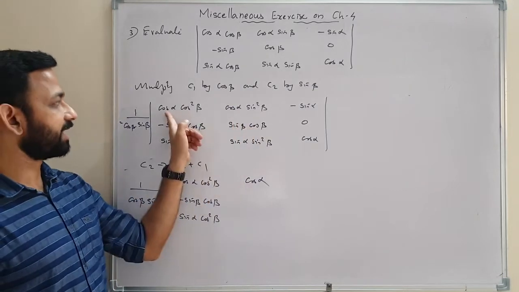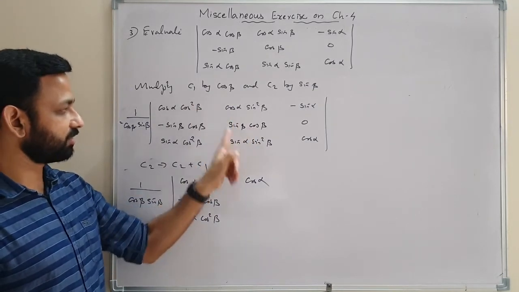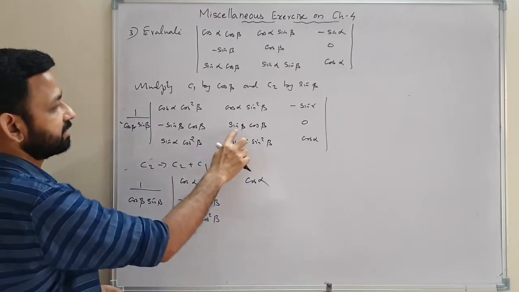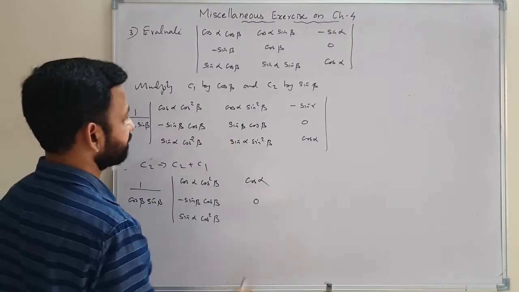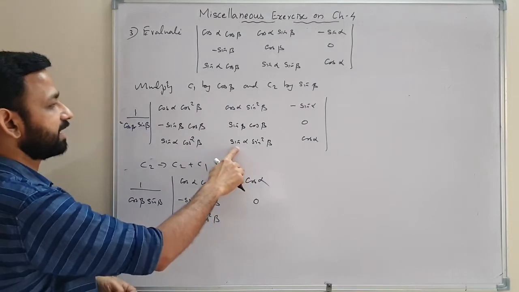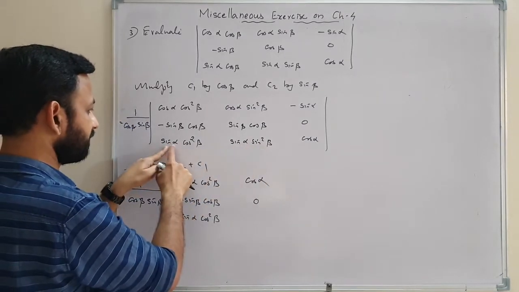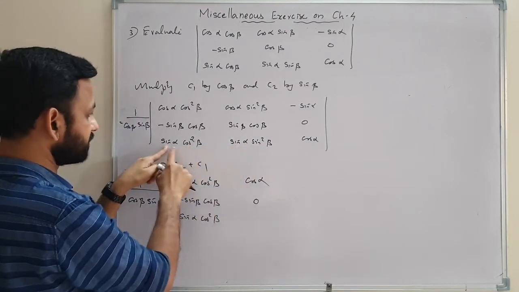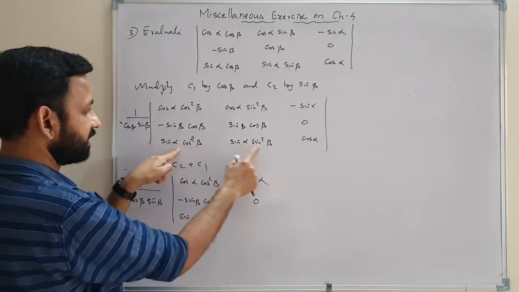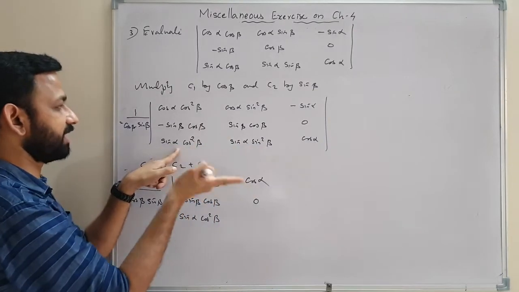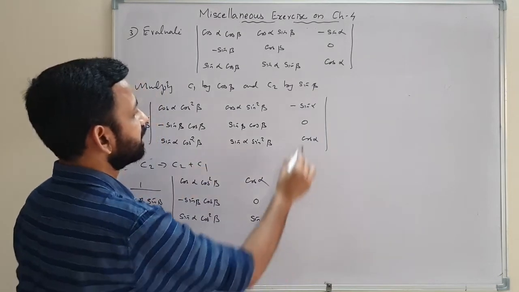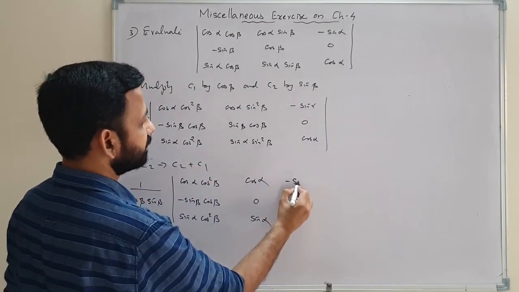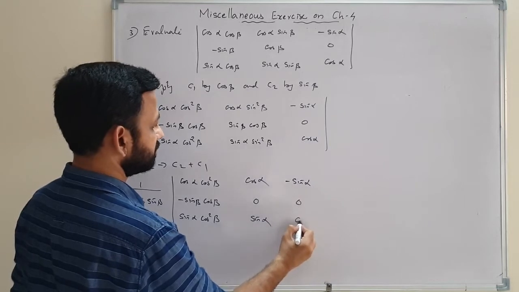Then sin beta cos beta plus minus sin beta cos beta is 0. Then sin alpha sin square beta plus sin alpha cos square beta: sin alpha is common, and sin square beta plus cos square beta is 1, so we get sin alpha. Then C3 will be the same: minus sin alpha, 0, cos alpha.